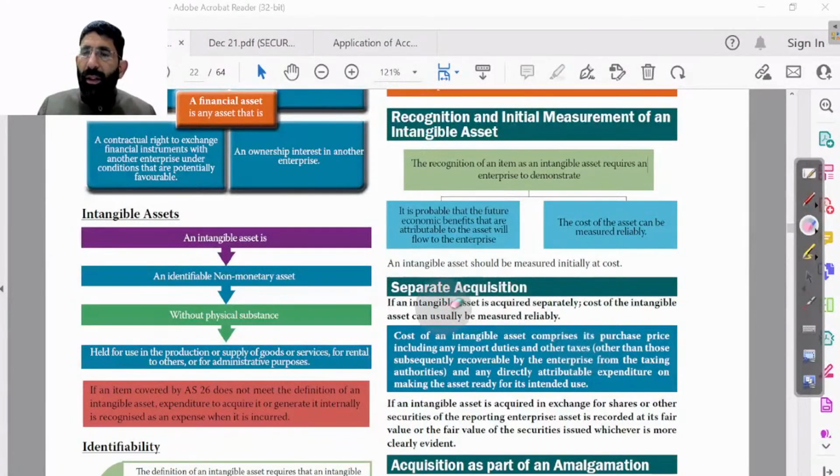So if an intangible asset is acquired separately, meaning we have purchased it from somewhere, obviously in that case cost can be easily identifiable, there's no problem. It includes what we all know: like I have purchased a license for making a motion film on James Bond.